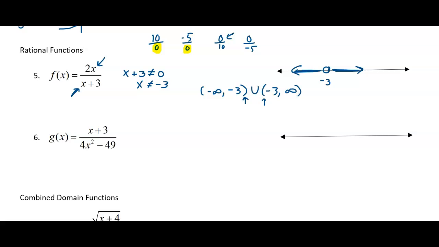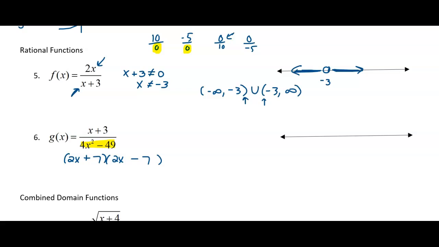Now, in the g of x function, what you have here in the bottom is a binomial that can be factored. So if we factor that, we have a difference of perfect squares here, and you factor that using 2x and 2x, and you use 7 and 7, and then one binomial needs to be plus and one needs to be minus.